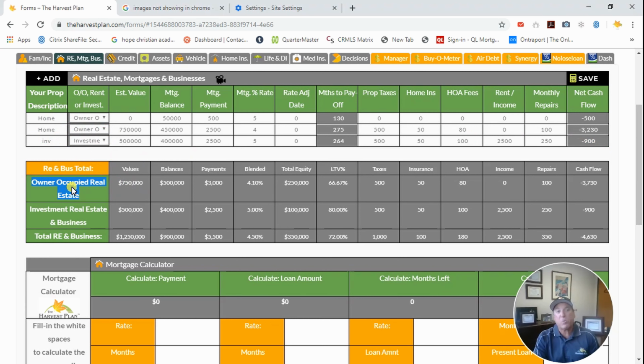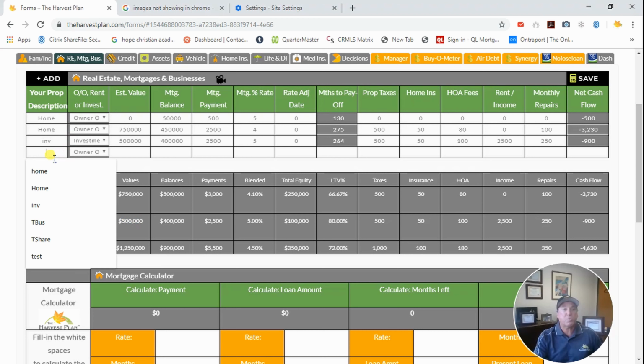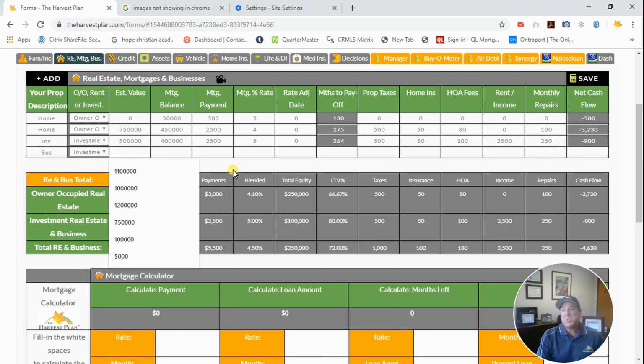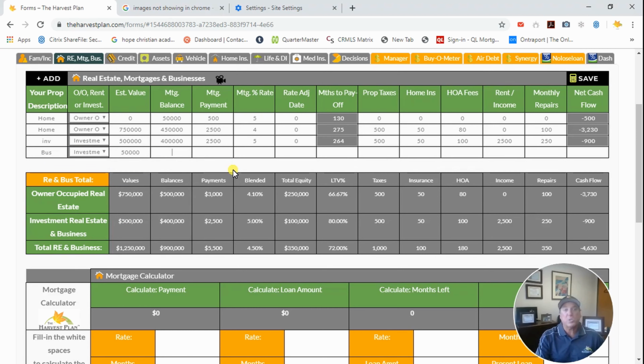So I know that my owner-occupied properties in total have a $750,000 value. My investment real estate and businesses have a $500,000 value. And let's just add one more so you can see how this works. Let's say I have a side business, and that's an investment. And let's say that little business of mine that I work out of the garage is worth maybe $50,000 if I could sell it.